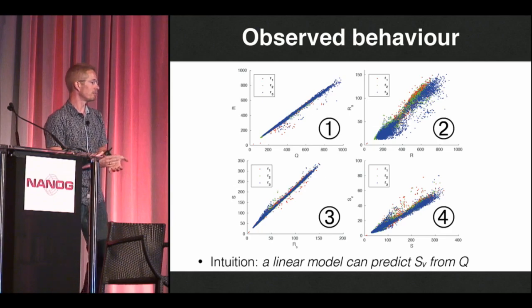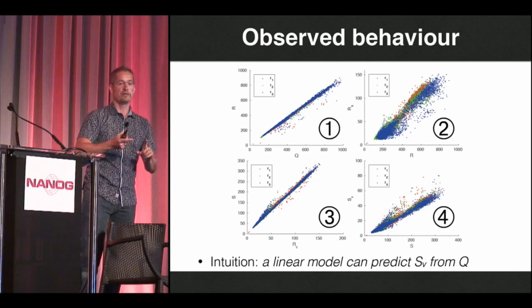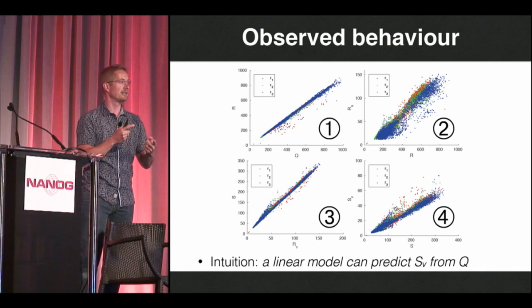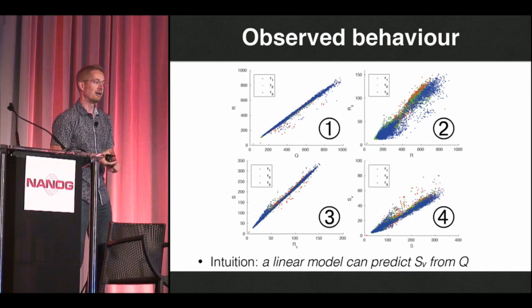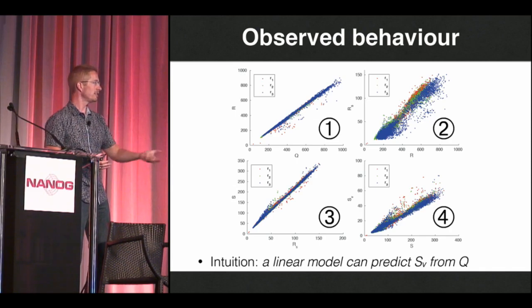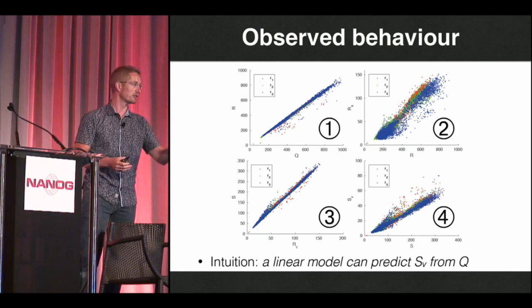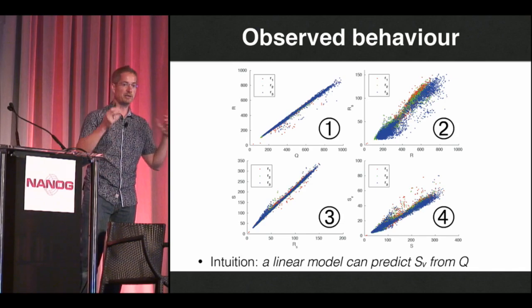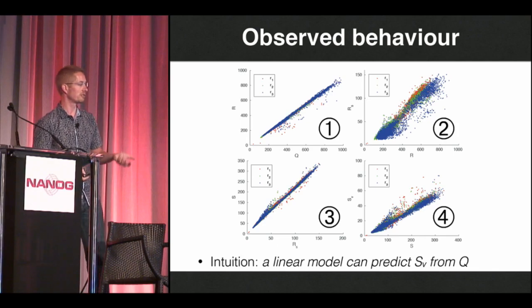To take an example, diagram number 1 on the top left shows the number of responses that come back for every query that the resolver sends towards authoritative name servers on the internet. It turns out that about 90% of queries that the resolver sends out to authoritative name servers get a response. And because this is mostly linear, we can use this to predict future signature validations.